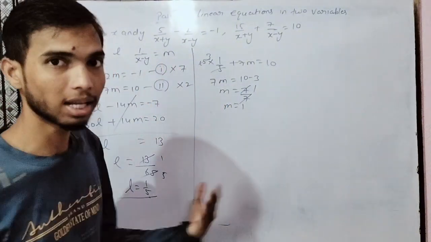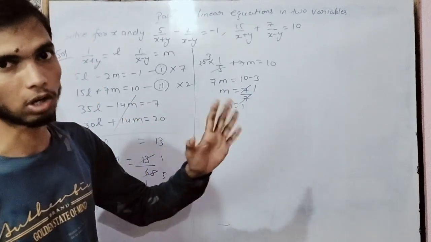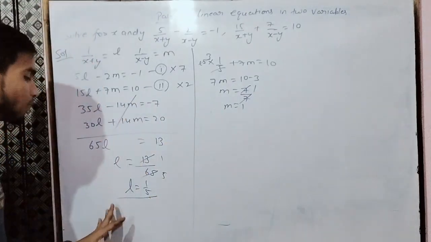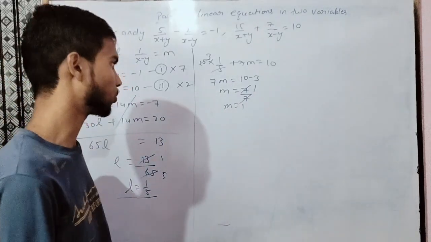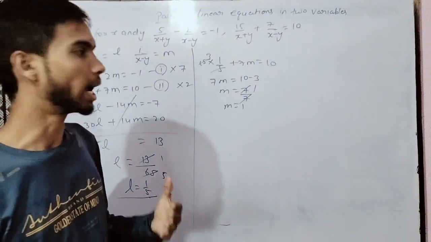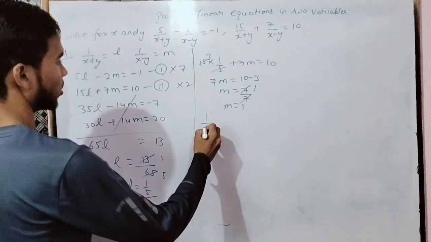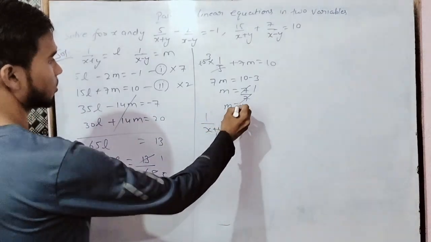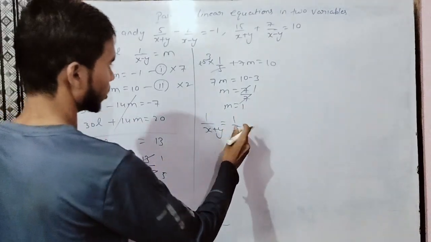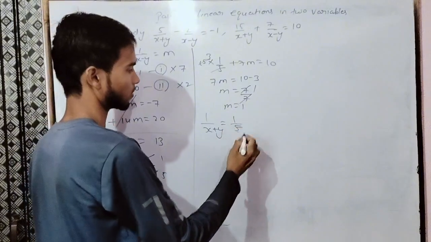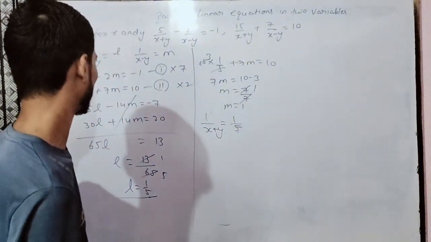So we didn't get the value of x and y. We got the value of l and m. So 1 upon x plus y is equal to 1 upon 5.